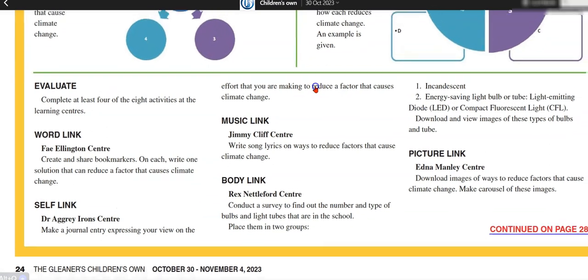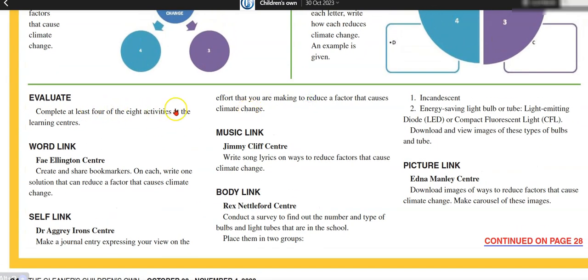Let's see some of the activities here. Complete at least 4 of these 8 activities. So the word link from the Faye Ellington Center, it says create and share bookmarks. On each, write one solution that can reduce a factor that causes climate change. Okay, so on one bookmark, you could talk about the use of hydroelectricity and what that would mean, walking and riding, what that would mean, stuff like that.